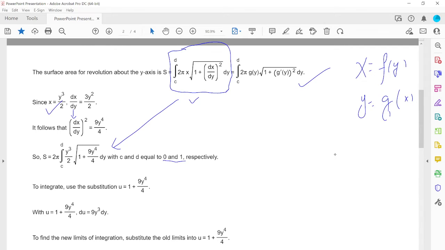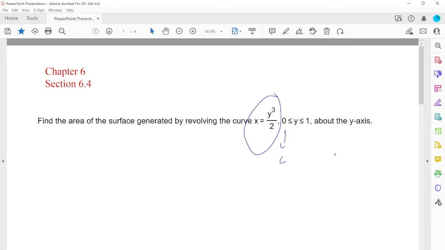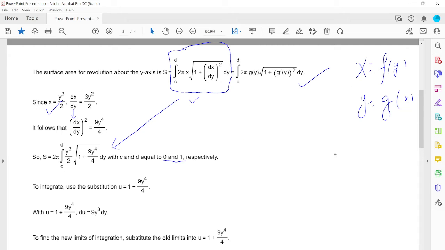We already know the range of y is from 0 to 1, so that's c and d. It's not easy to integrate this directly, so we can use a substitution to make it simpler.